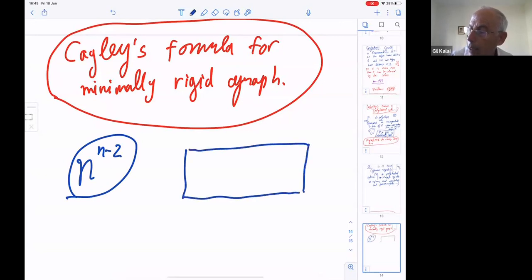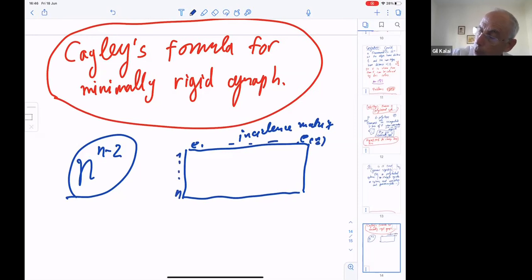We look at the graphic matroid. So we look at the incidence matrix. Here we have the edges, E1 to E n choose 2. Here we have the vertices 1 to n. And whenever we have an edge, we put 1 and minus 1 at its vertices. So this is the signed incidence matrix.